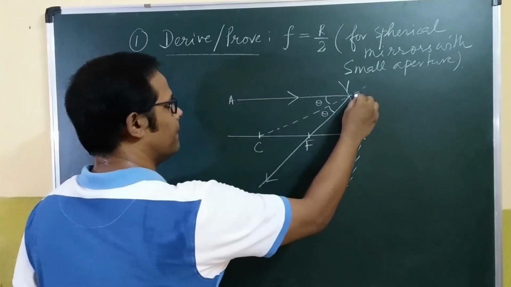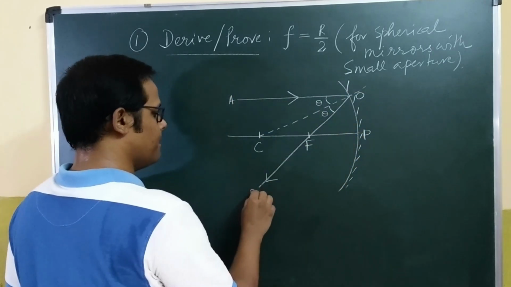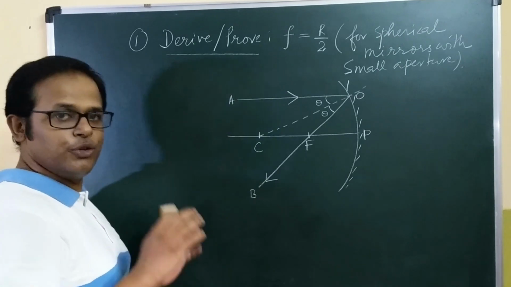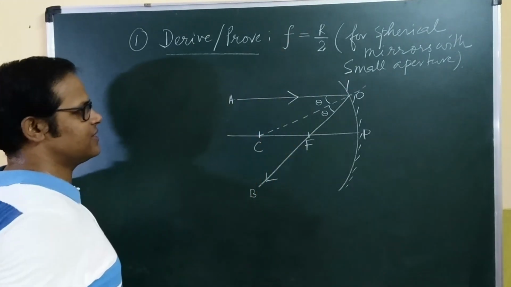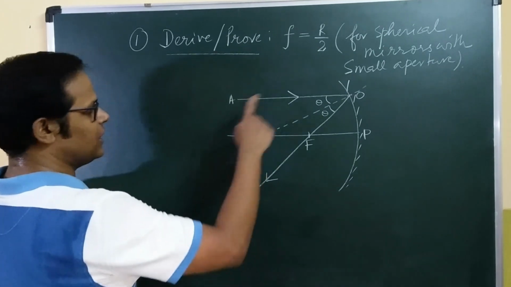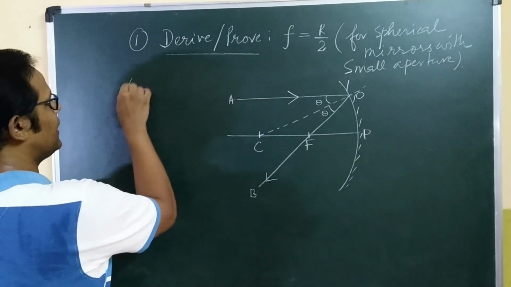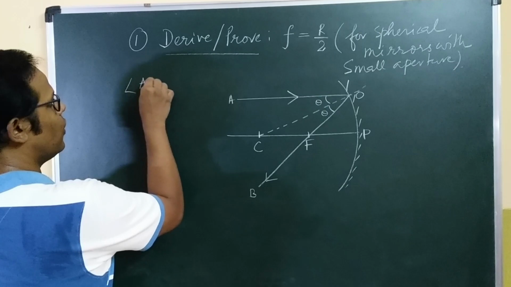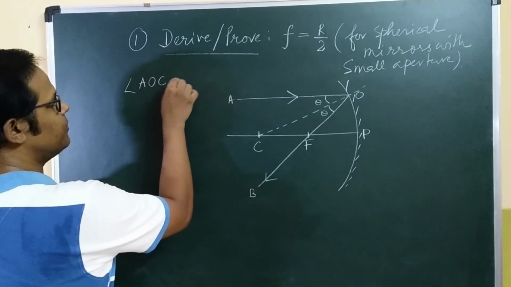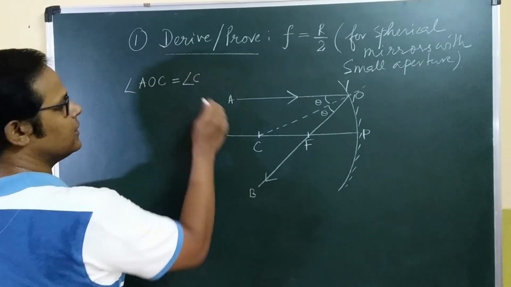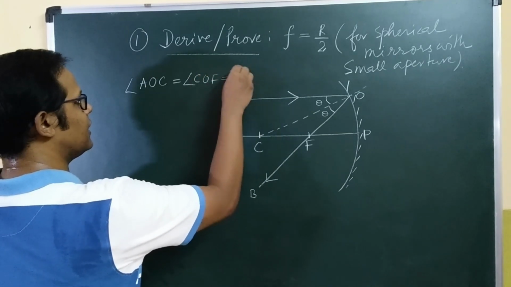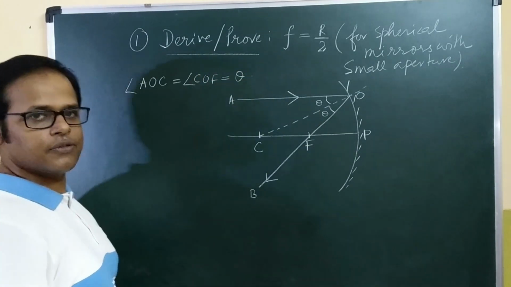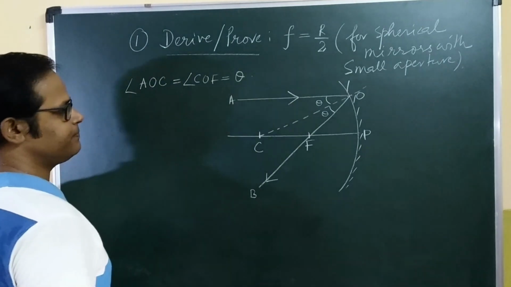A, O, B. I will use some geometrical techniques, as you are well aware of, to get this relation quickly. So you can clearly see that angle AOC should be equal to angle COF. Both are exactly equal to theta by the laws of reflection. No surprise.